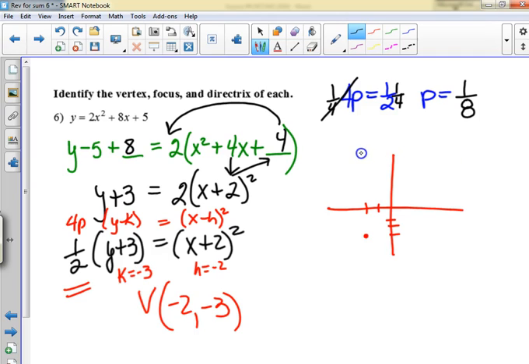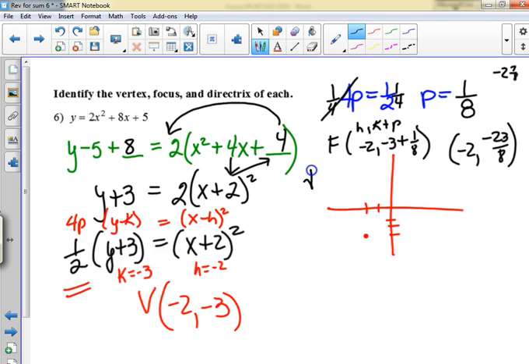So then it says that the focus is at h comma k plus p, which would be -2 comma -3 plus 1/8, which is -2 7/8, or -23/8. Is that right?